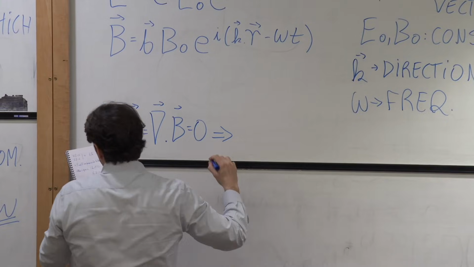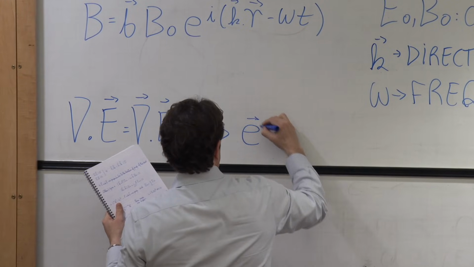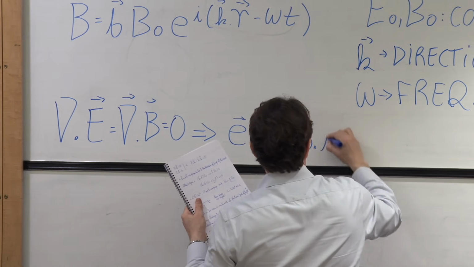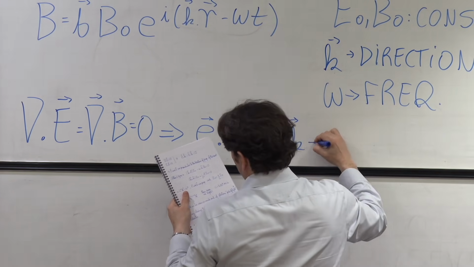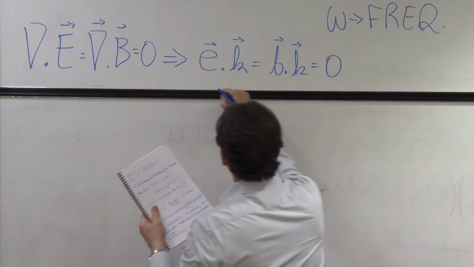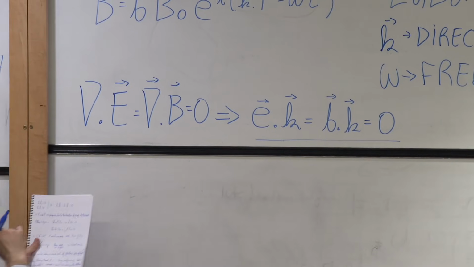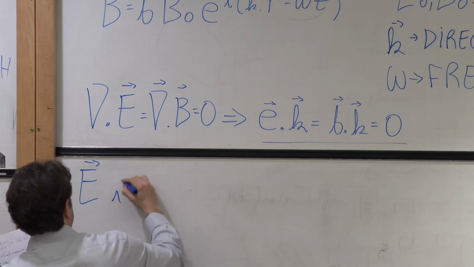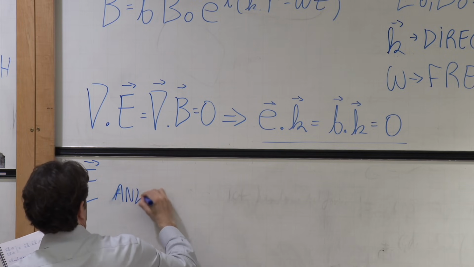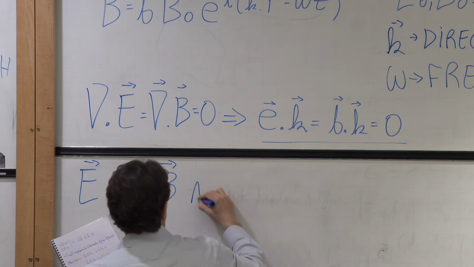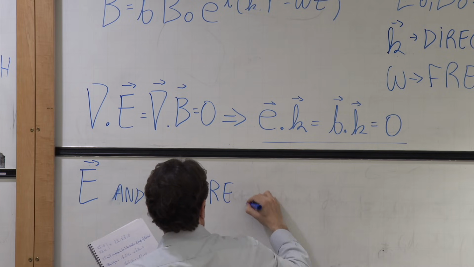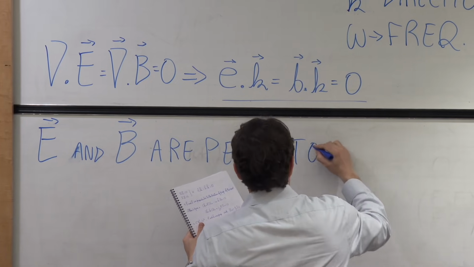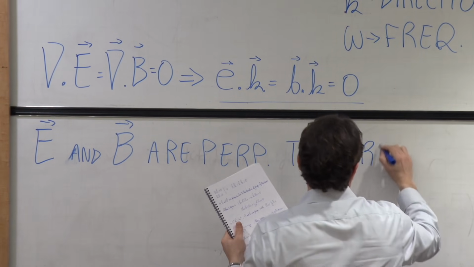They imply that e dot k and b dot k have to be equal to 0. So what these equations mean is that E and B are perpendicular to the direction of propagation.